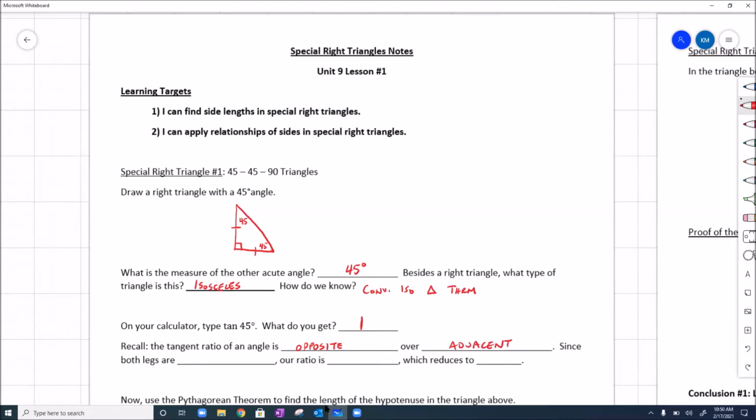Since both legs are congruent, I'm going to just call them x here. We don't know what they are, but in all 45, 45, 90 triangles, these two are going to be the same. Since both legs are congruent, our ratio is x over x for this particular triangle, which reduces to 1.